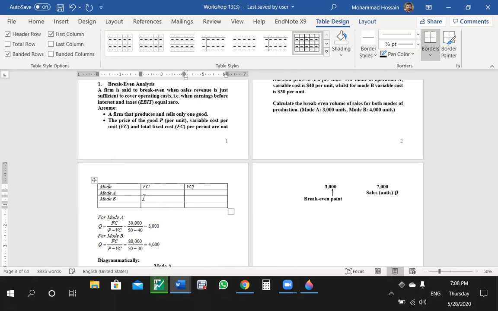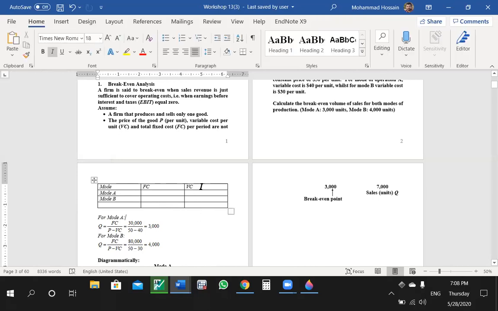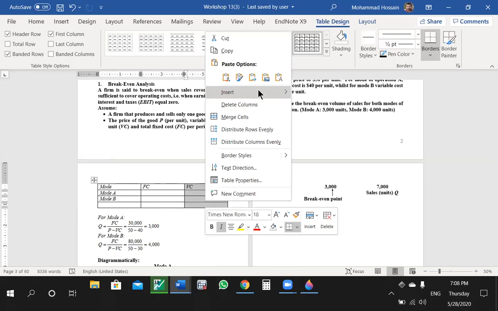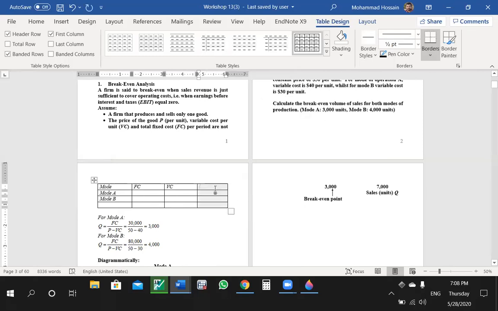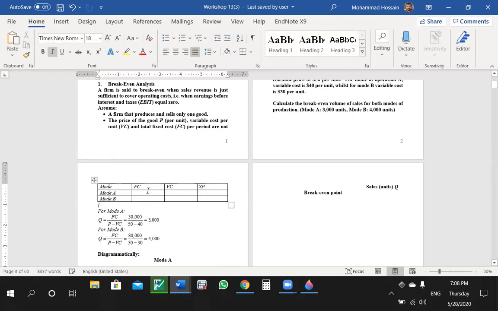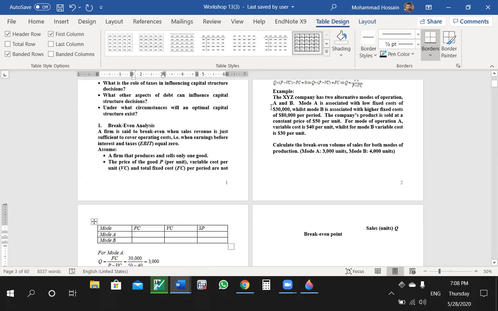This is variable cost. And this is my selling price per unit. For mode A, they said the fixed cost is 30,000. Fixed cost 30,000 for mode A.